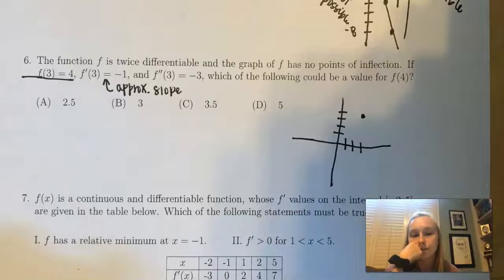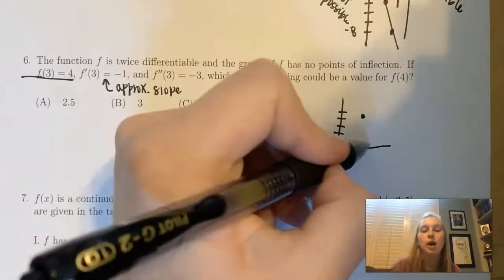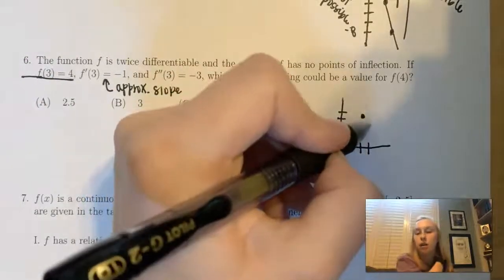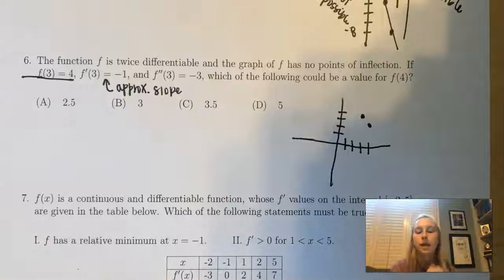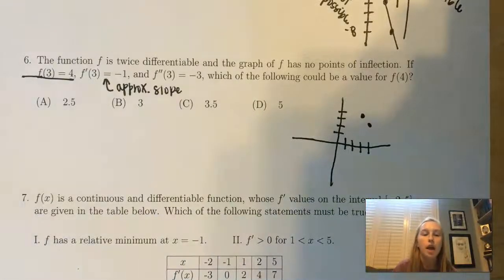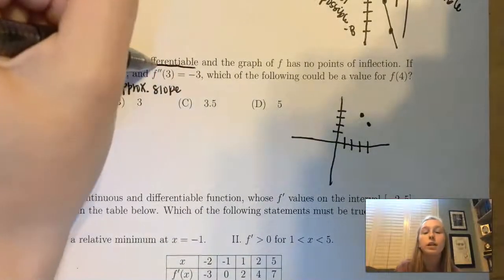So we're going to use that approximate slope to get to f of 4. So it's really just -1, so down 1 over 1. And we did f of 4 because that's what we're looking for, by the way. If it was f of 5, we'd go down 1 more.